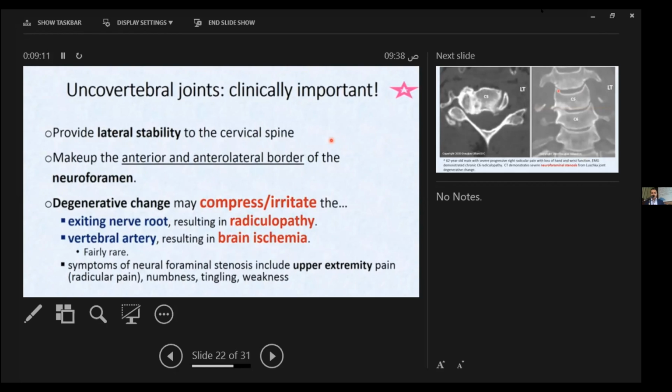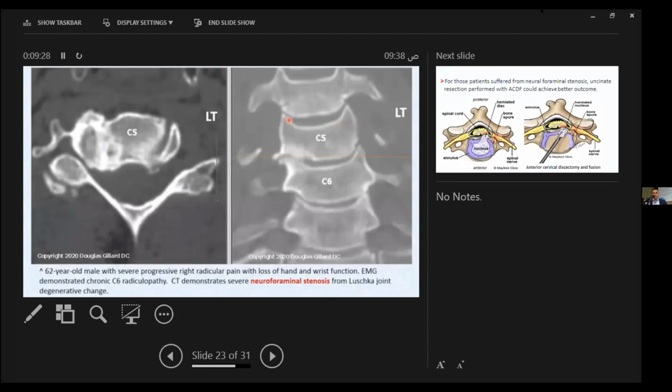Rarely, it involves the vertebral artery, sometimes resulting in brain ischemia, but this is fairly rare. Symptoms of neuroforaminal stenosis include upper extremity pain, radicular pain, numbness, tingling, and weakness. This is an example to show how the nerve root is narrowed on the other side.